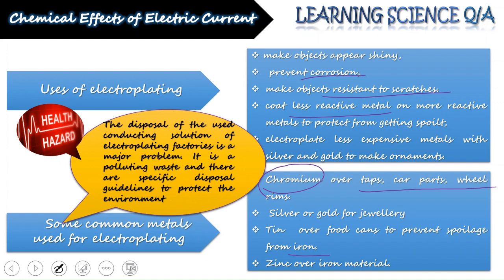The disposal of the used conducting solution from the electroplating factory is a major cause of pollution, because these disposals are normally mixed with water bodies, and there they are a major cause of pollution. So we need a specific disposal guideline so that we can protect our environment.